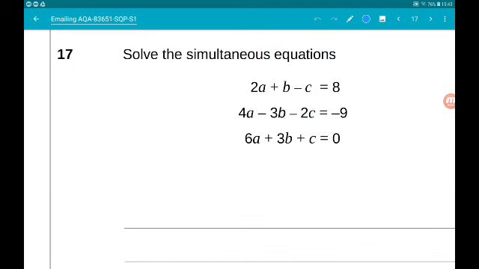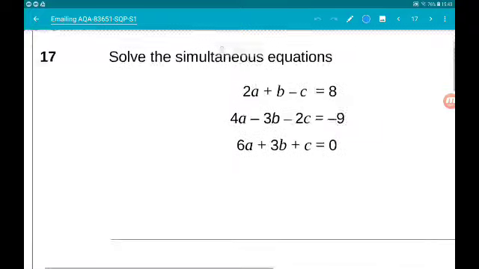Question 17. We are solving 3 variable simultaneous equations. Now, before doing this paper, I haven't done this since my university days. How exciting. Alright, so what we need to do is use one equation to get a letter on its own in terms of the other 2. We're then going to substitute that into the other 2 equations.